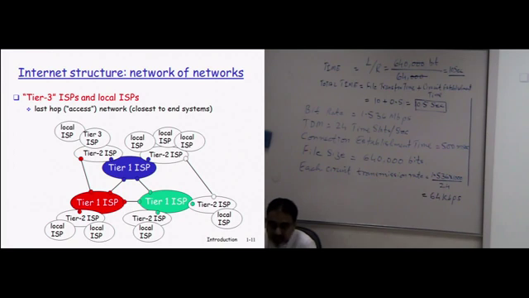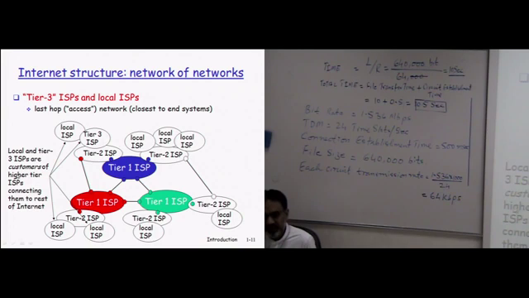Tier 1 STC, tier 2 Mobily, and then if a local ISP is working here, they can get service from tier 2, for example from Mobily, and they can serve a building, a number of homes, for example, privately. Otherwise, as the structure here in Saudi is, tier 1 and even tier 2 can serve directly the last hop users.